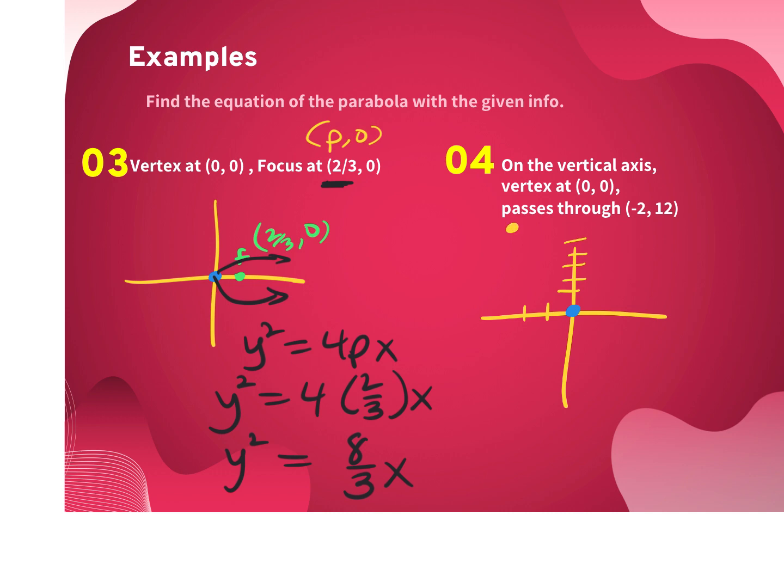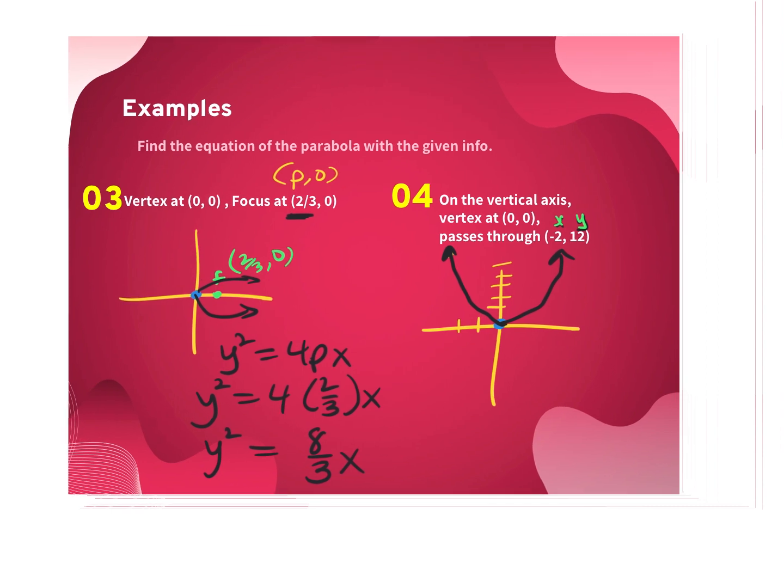So remember, when you have an ordered pair, the first number in the ordered pair is your x. The second number is y. So what I'm going to do is, because my parabola is going to connect with this, I can already see that it's going to be the happy parabola that's opening upward.